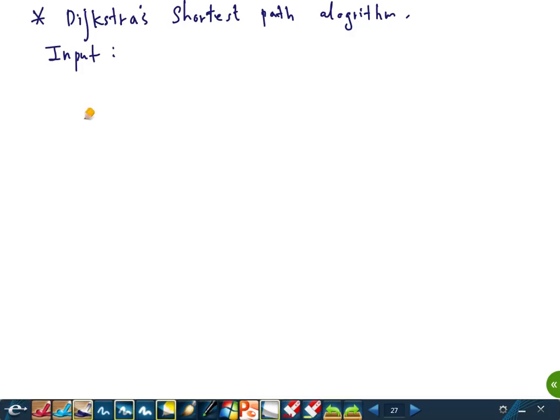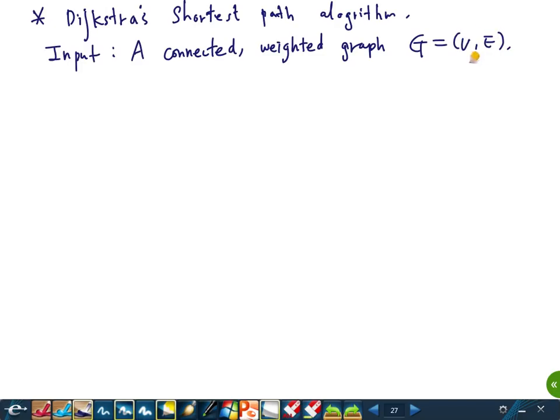Connected. If it's not connected, sometimes it doesn't make sense because you cannot even go from one to another. So we will consider only connected graphs. Connected and weighted graph G. And edge weight, let's say edge weight W. So if you have an edge u comma v, then W of u comma v means the weight attached to it.